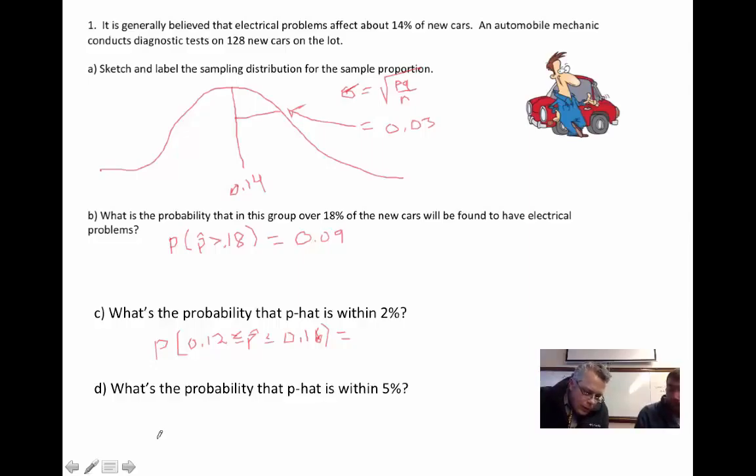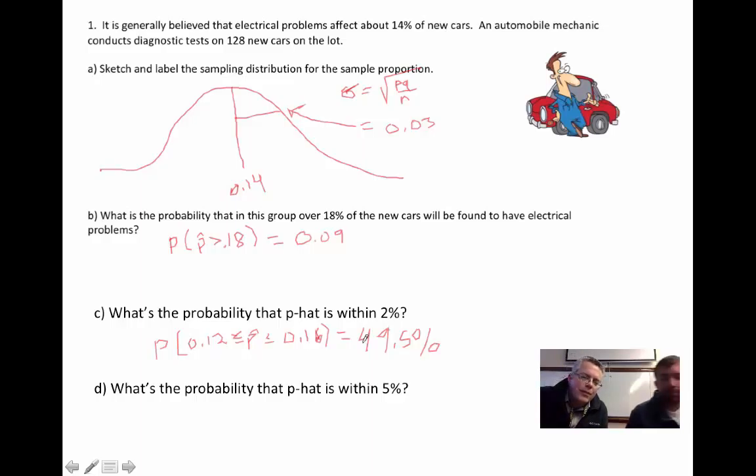Normal CDF, lower limit 0.12, upper limit 0.16, and the rest stays the same. 49.5%, kind of like the last problem. But this is within 2%, so it's a pretty good chance, a 50-50 chance, that our estimate will be that close to the true value.